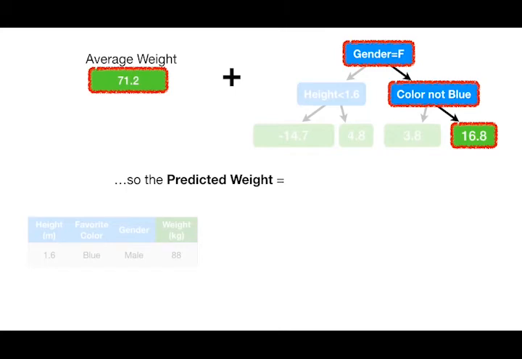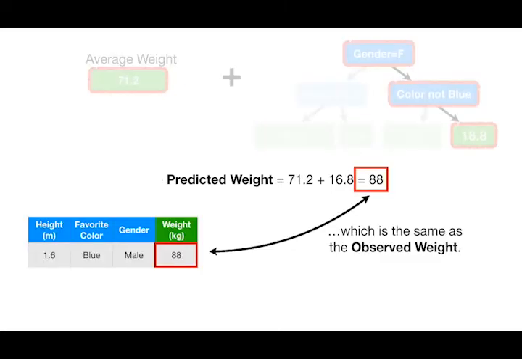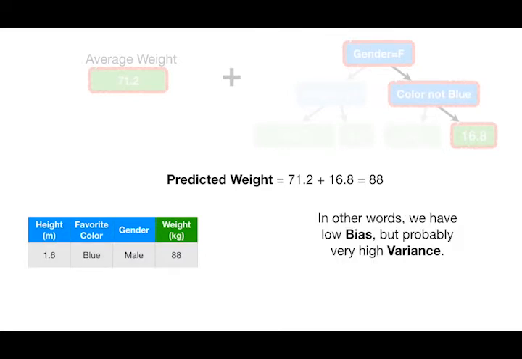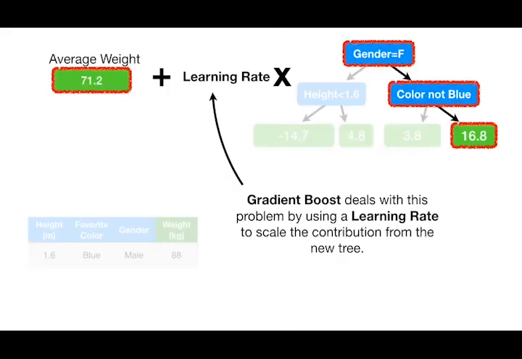So the predicted weight equals 71.2 plus 16.8, which equals 88, which is the same as the observed weight. Is this awesome? No, the model fits the training data too well. In other words, we have low bias, but probably very high variance.